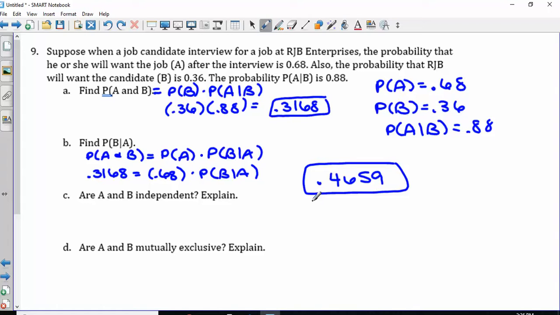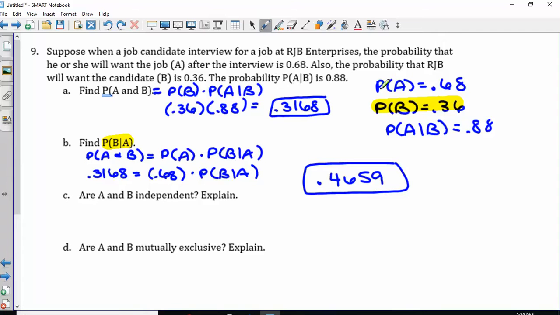How will I decide if they are independent? If they're independent, what has to be true? They can't affect each other. So if they're going to be independent, then the probability of B given A would have to be the same as the probability of B. Are they?